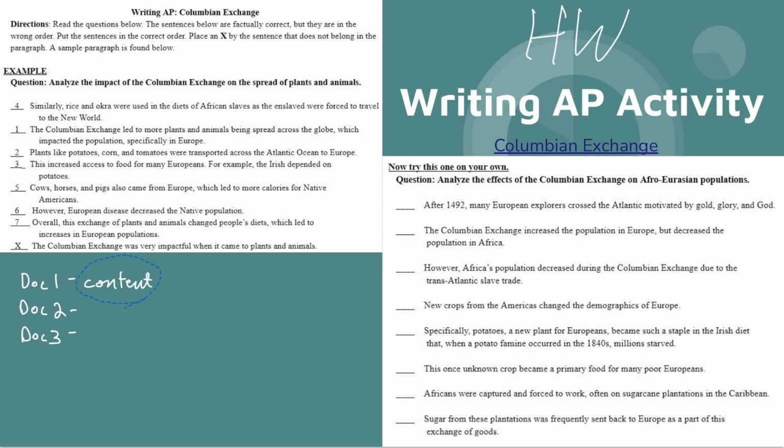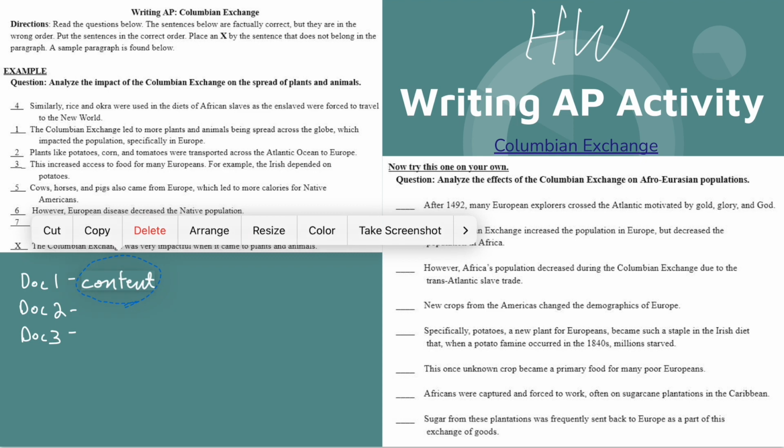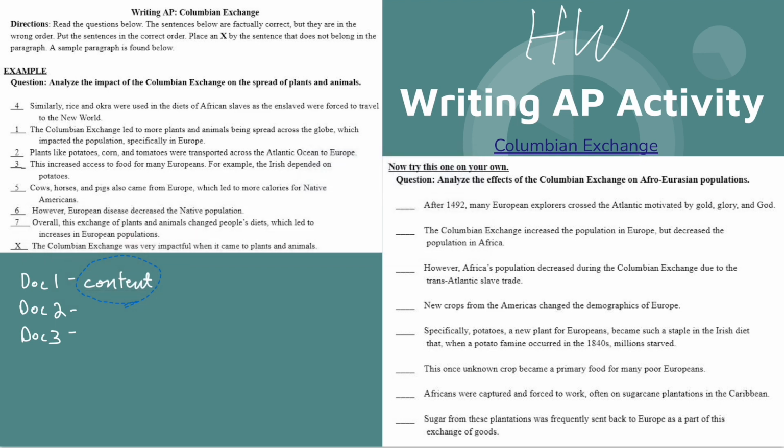In that same place, you should also, not necessarily in the same sentence, do your HAP skill. So let's say that for document 1, I gave the content, the summary, and then I did historical context and why. Then for document 2, I did purpose and why. And for document 3, I went back and did historical context and why.